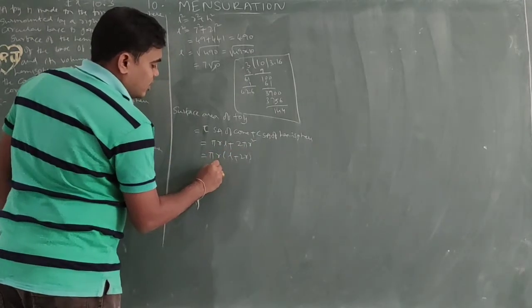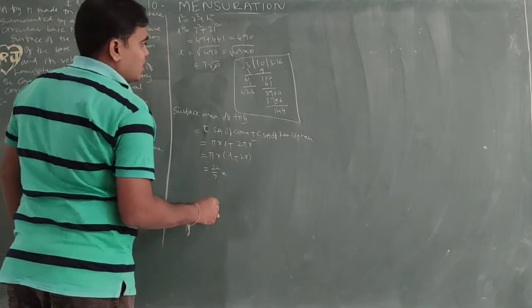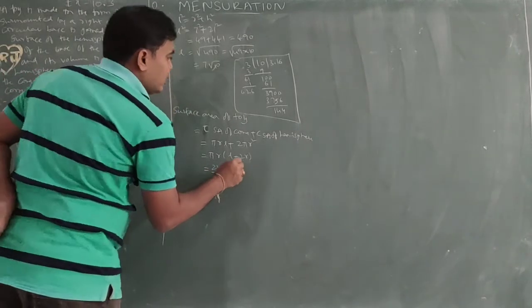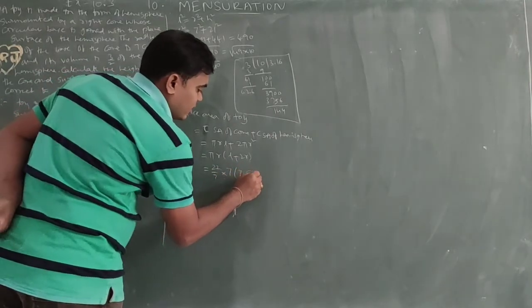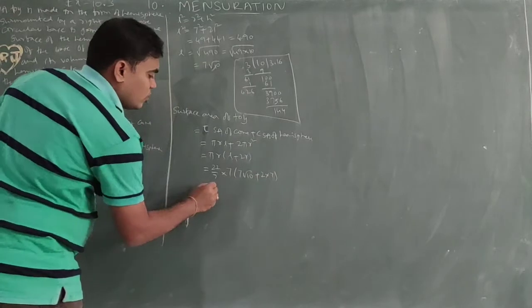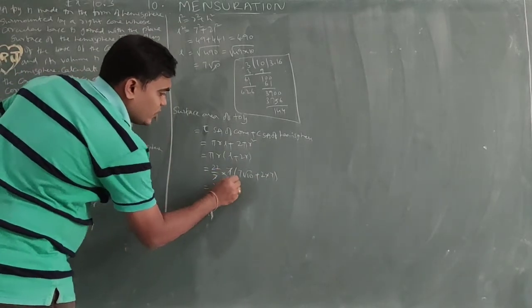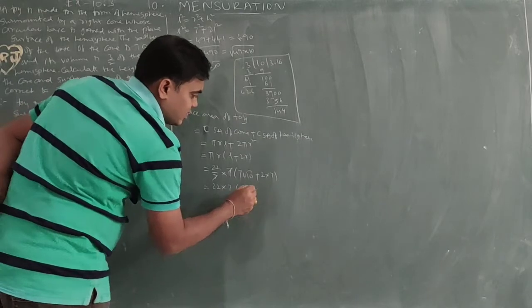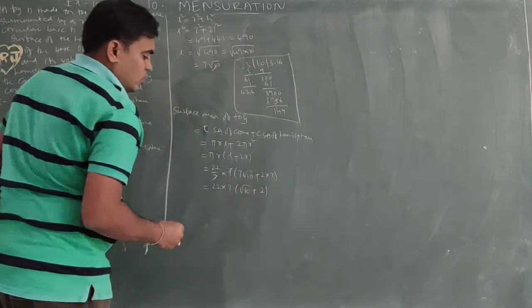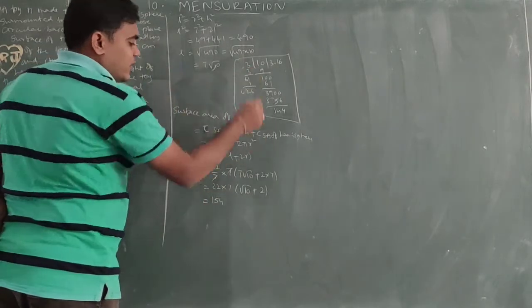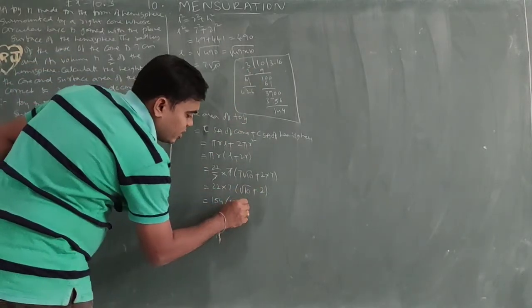So pi is 22 by 7, r value is 7, into l which is 7 root 10, plus 2r, 2 into 7. So 7, 7 cancel, 22, 7 common, root 10 plus 2. So 22 into 7 is 154. Root 10 value 3.16 plus 2 is 5.16.